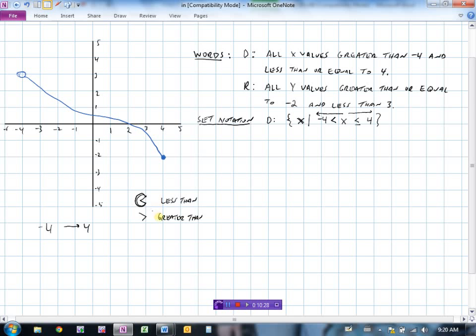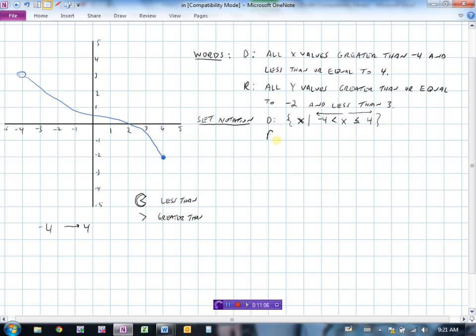And he always wants to chomp on the thing that's bigger. So if you look at this thing here, if we make the Pac-Man symbol, he's going to chomp on x here. That means x is bigger than -4. And if we make the little Pac-Man symbol here, he's going to want to chomp on 4. 4 is bigger than x. So that might be useful to help remember what to write. So once again, domain, the set of all x such that -4 is less than x, or we could read x is greater than -4, and x is less than or equal to 4.